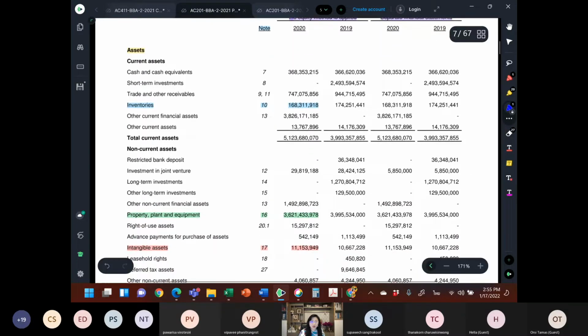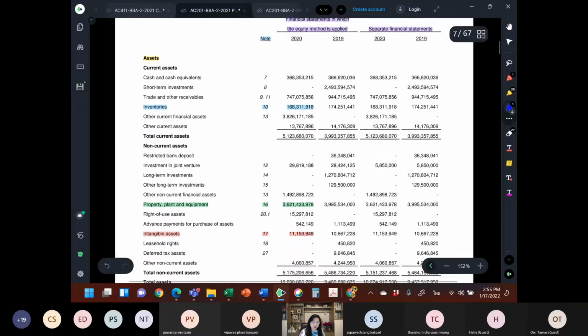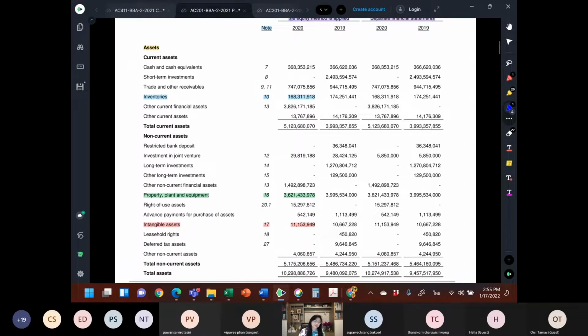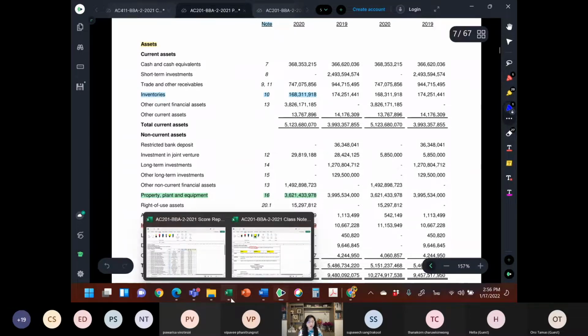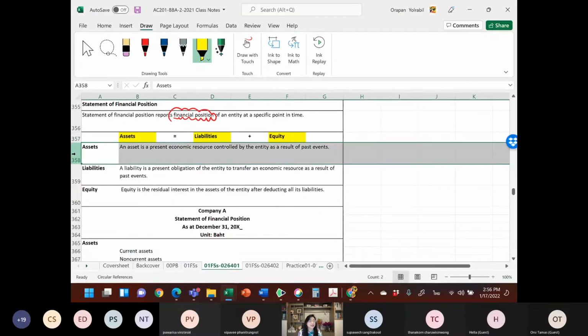Now, let me show you the assets of this company. The company has a lot of assets in this list, altogether 10 billion. So you may wonder, what does it mean by the asset? Let me come back to this document so that we know the key definition.